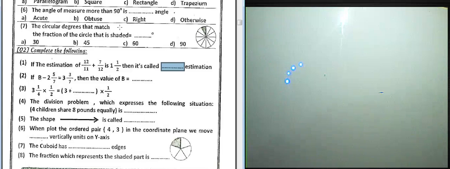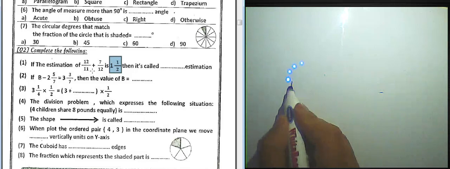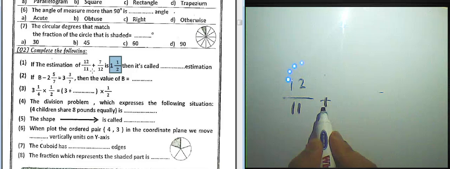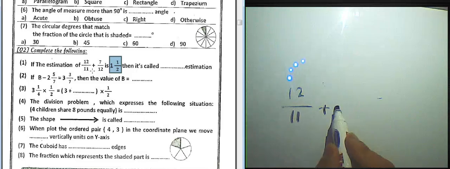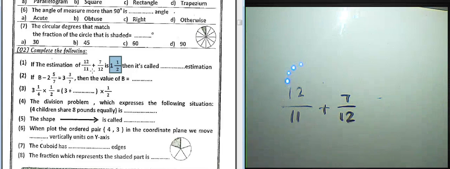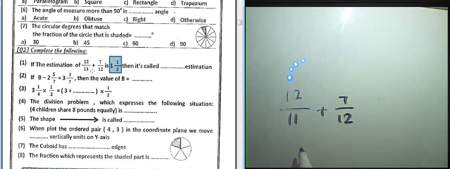He gives us 1.5 as the estimation of the result. Then you must find the result of 12 over 11 and 7 over 12. We can find the least common multiple of the two denominators, 11 and 12.